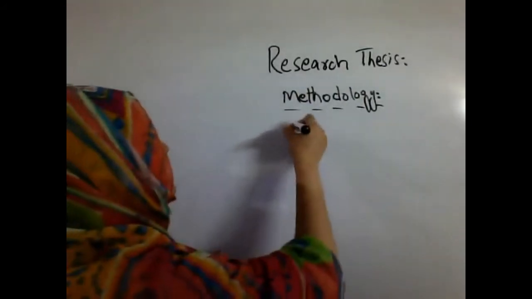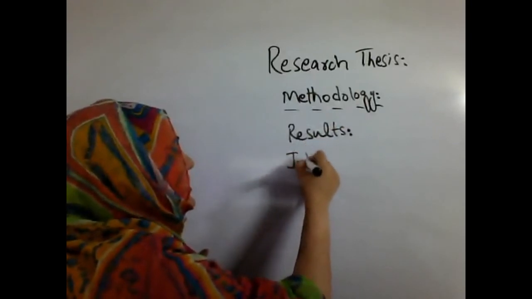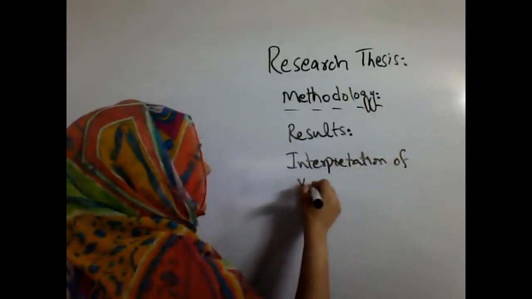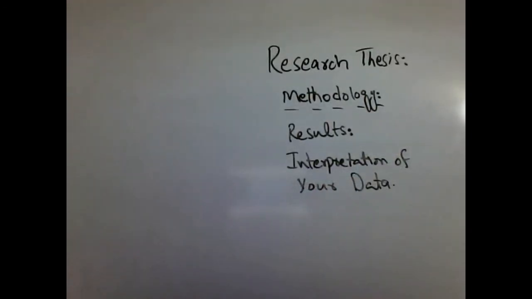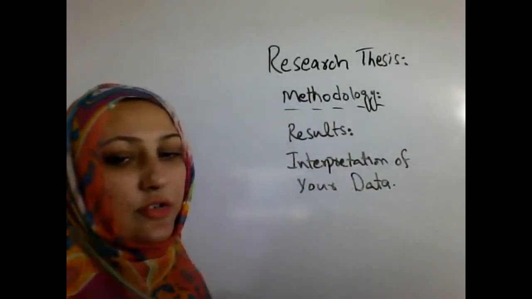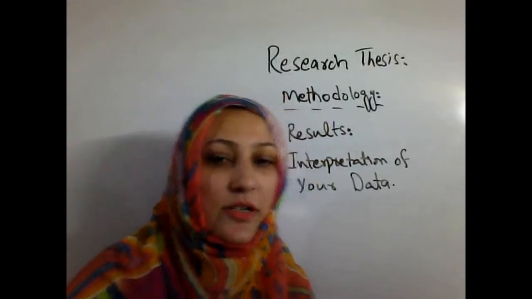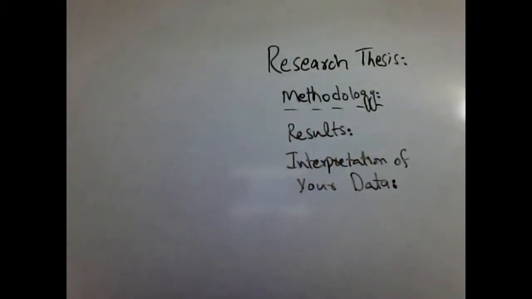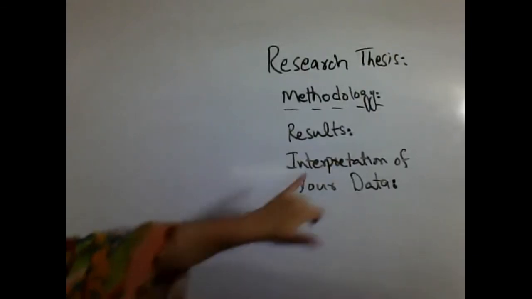Next is the results. Results are actually the interpretation of your data which you get after different analyses. In the interpretation of your data, you have to give the idea about the different analyses you have done on your data, and how you can interpret the data you have got.